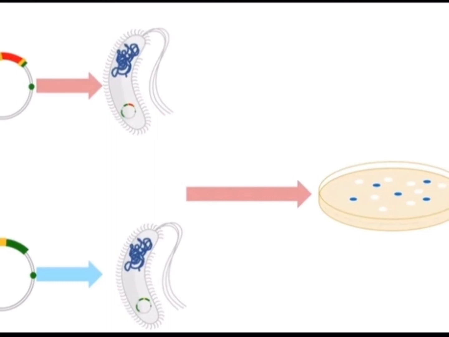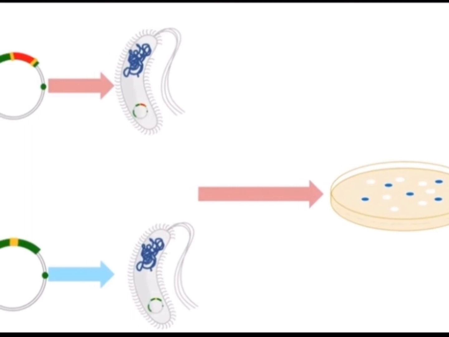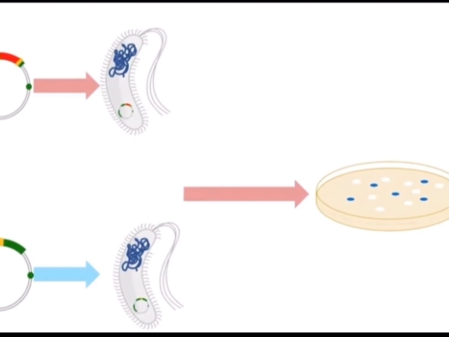That's why to identify bacteria with gene of interest, obviously I am going to select the white colony because it is not having that blue colored product, meaning lacZ gene is inactivated. So this is how the selectable markers help us to identify transformant bacteria from the non-transformant, or recombinant bacteria from the non-recombinant ones. Thank you students.